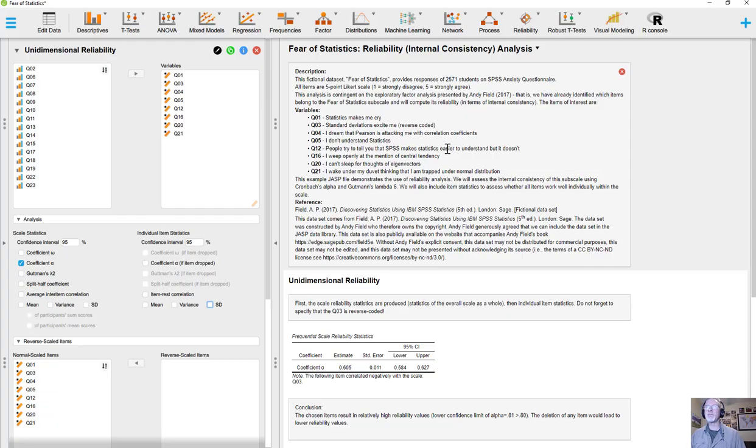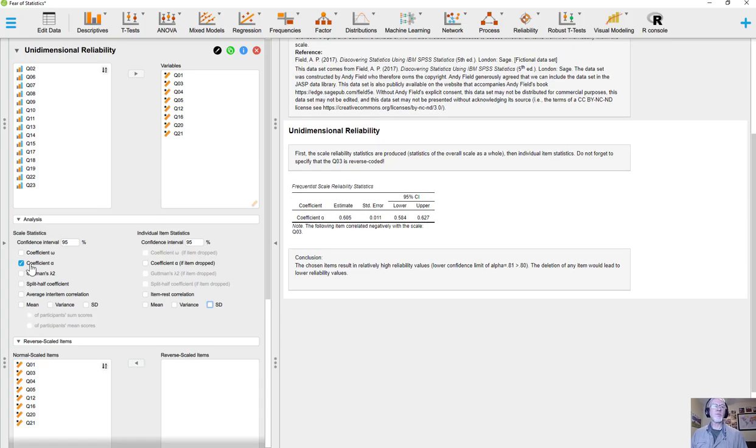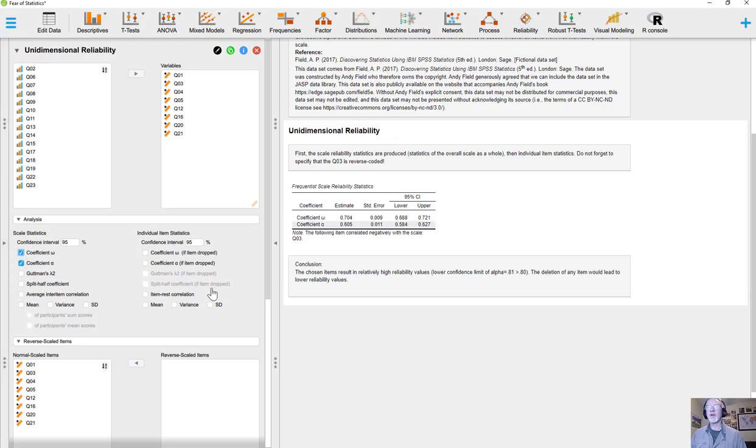All the other items are in the negative direction, such as I weep openly at the mention of central tendency, I can't sleep for thoughts of eigenvectors, and so forth. What is clicked by default is the coefficient alpha. I've left that one there. That alpha is 0.605, not very good. I'm going to add in omega, 0.704, which seems to be adequate.